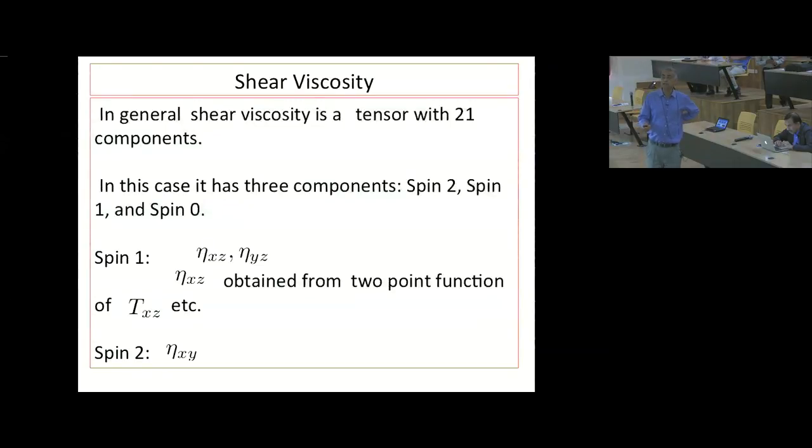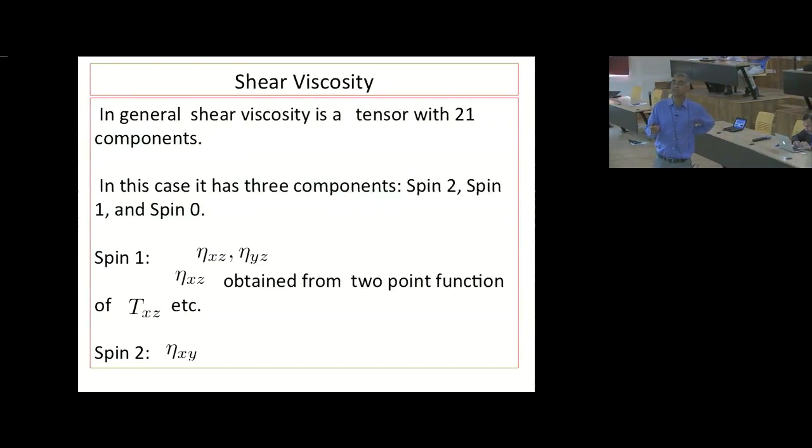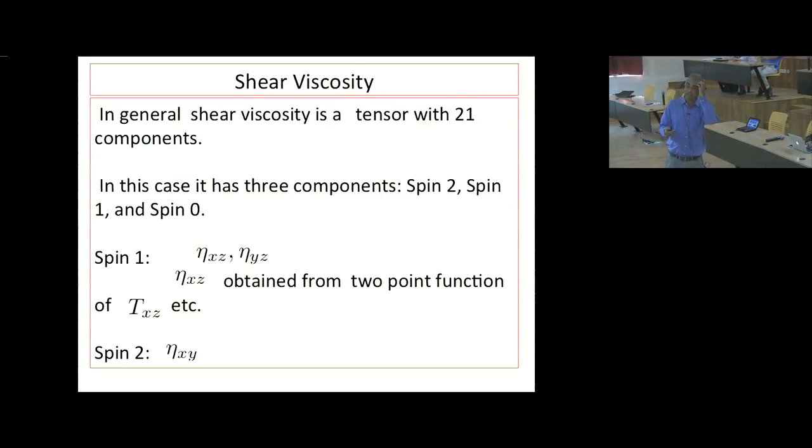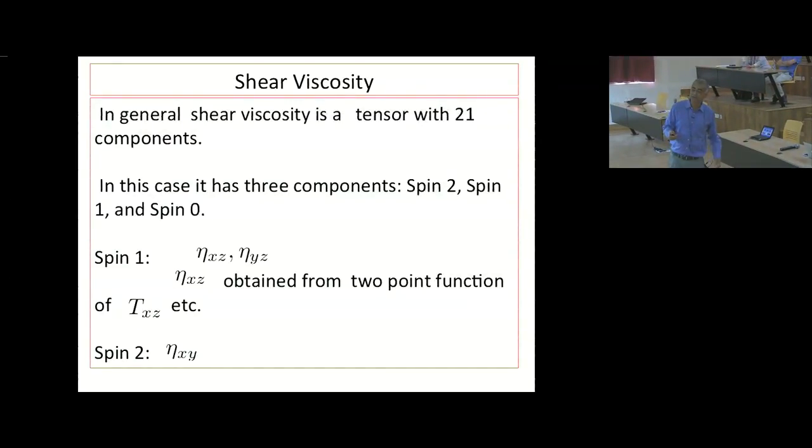So in a situation like this, because you at least have residual SO(2) symmetry, the viscosity can be broken up using these symmetries into a spin 2 component, a spin 1 component, and a spin 0 component. Let me focus on the spin 1 component, and I denote that by either eta_xz or eta_yz. z is the anisotropic direction.